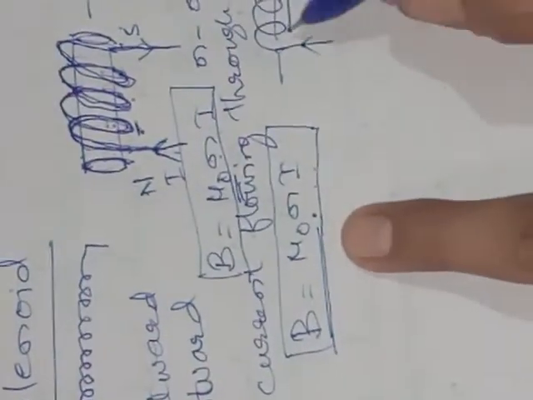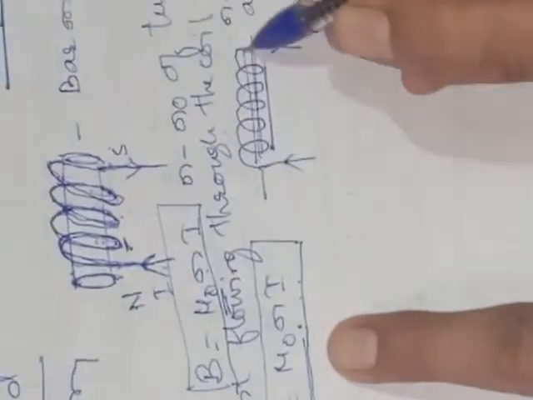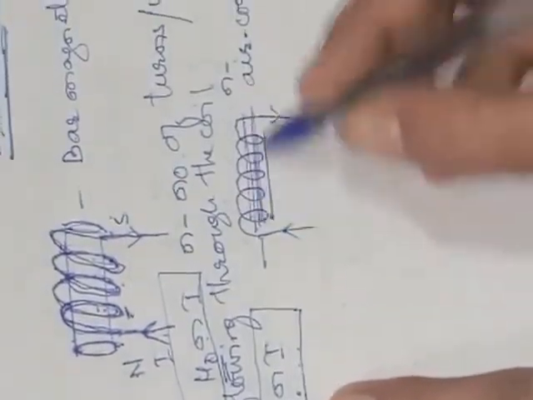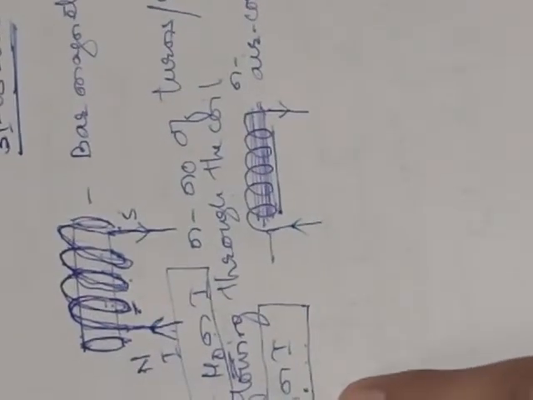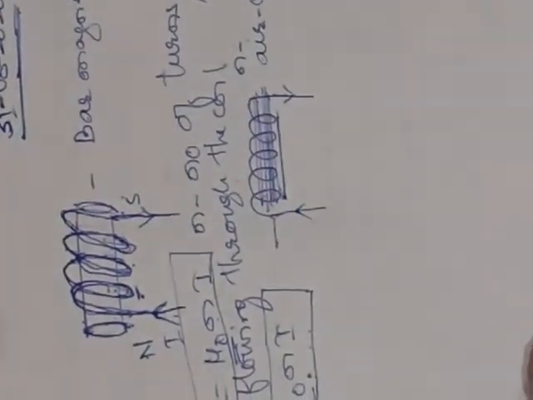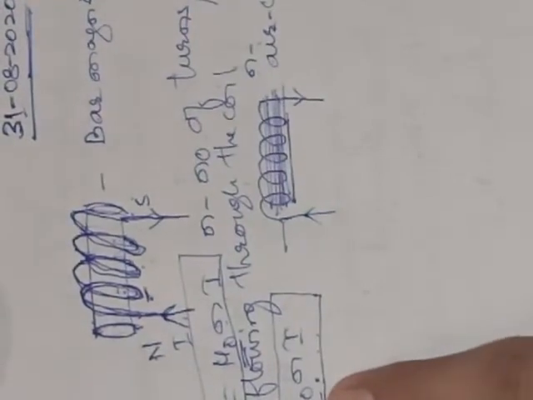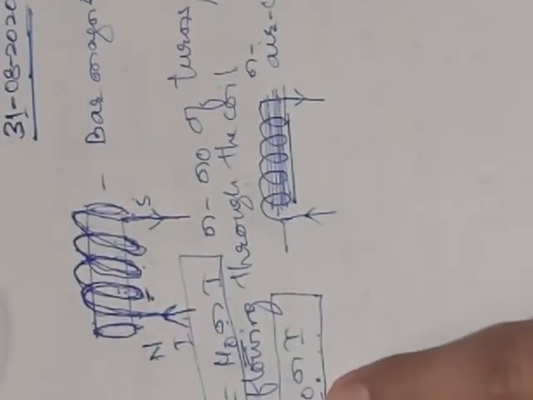But suppose instead of air, we put an iron rod inside this, then what will happen? If we keep an iron core inside, in the previous case it is called the permeability of free space.